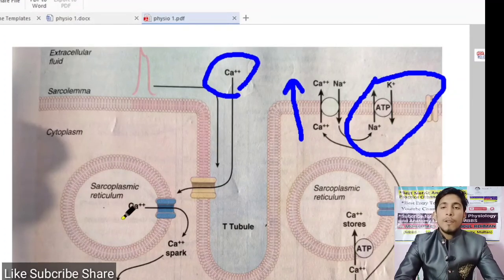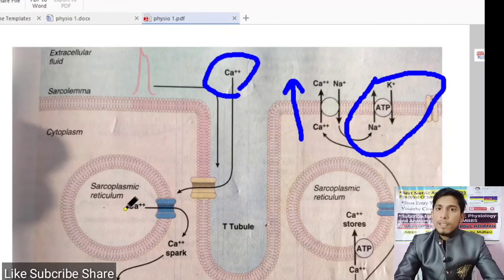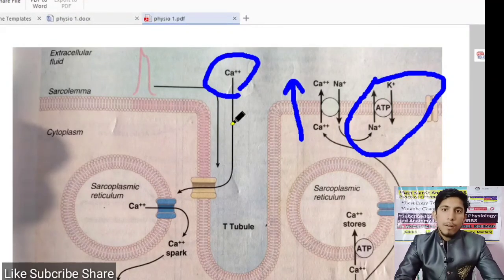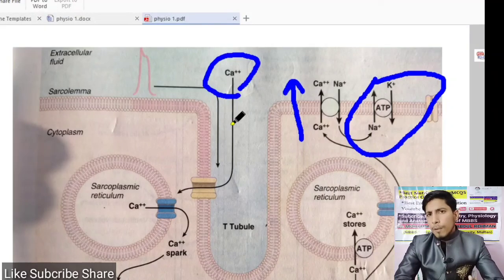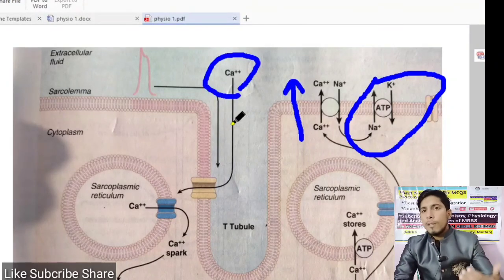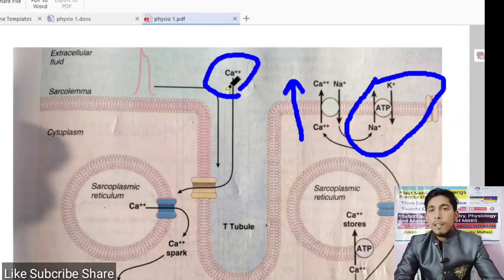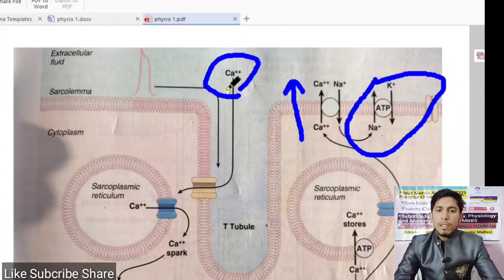That's why for continuous contraction, our heart muscle also depends on the large amount of calcium present in the extracellular matrix. So if a diet or any injection increases the calcium concentration, it can increase the force of contraction. Similarly, if calcium is decreased, heart contraction will be slower.